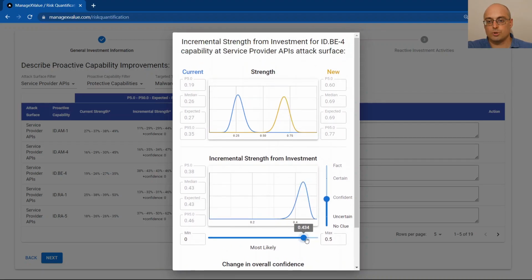In terms of assumptions for how valuable or impactful the investment is, uncertainty is also relevant in this case because we don't know the future. But you can define to what extent you think the investment would improve the capability and how certain we are in this improvement.